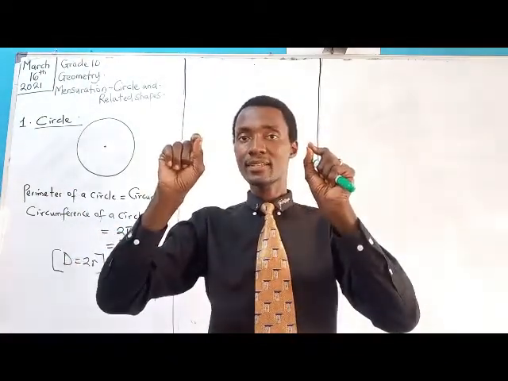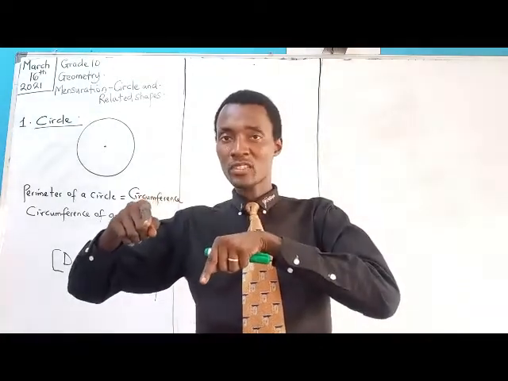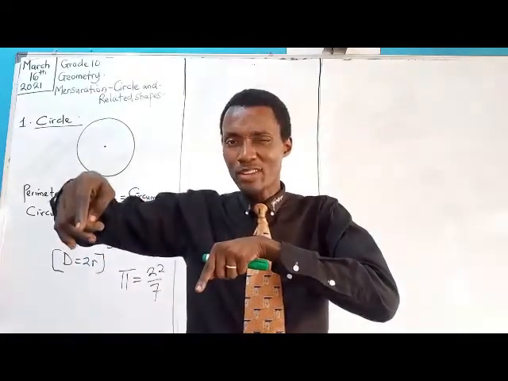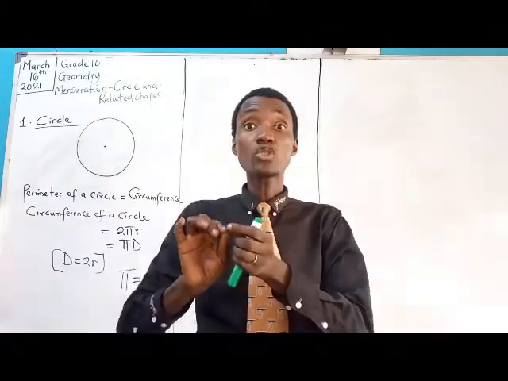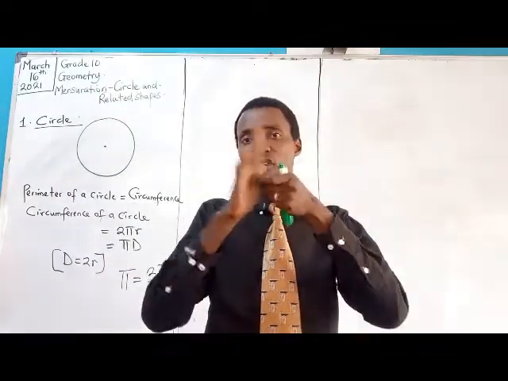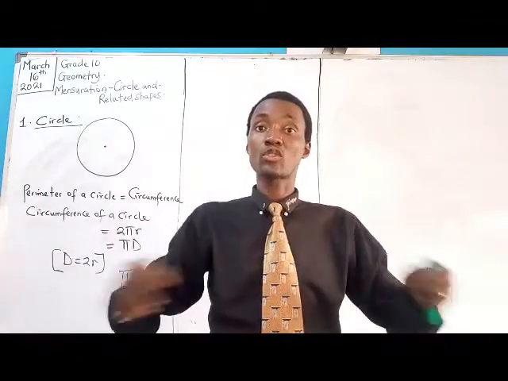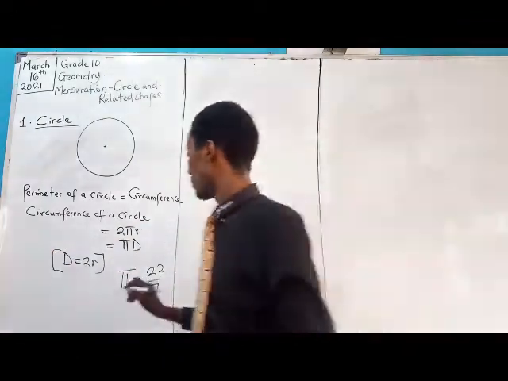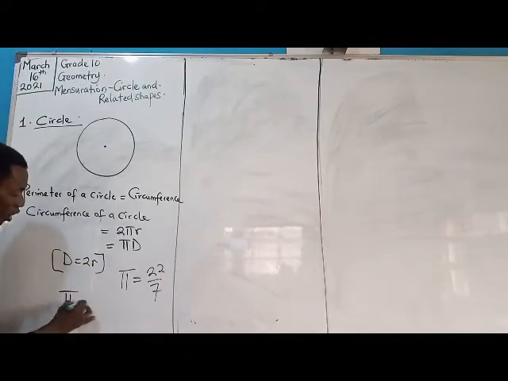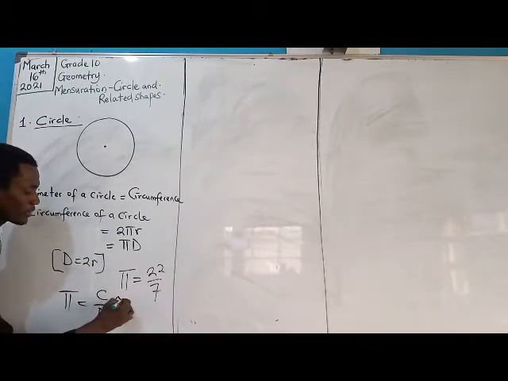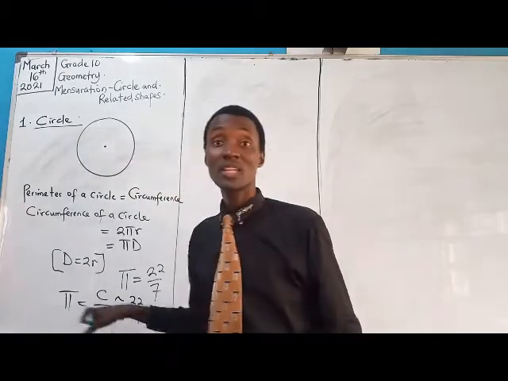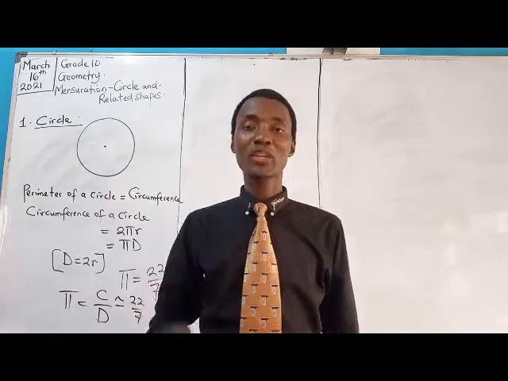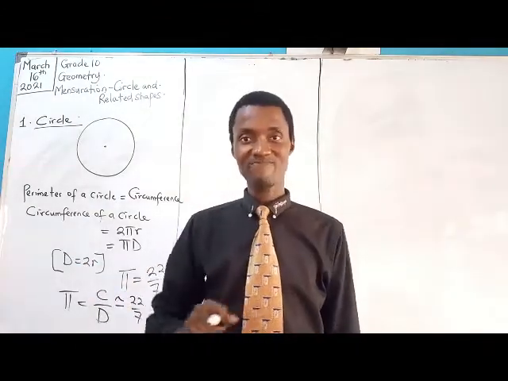Take a thread, start from a point of the circle, and move the thread gradually round the circle. Once you've done that, cut the end of the thread and stretch it out. Use your ruler to measure. If you take the measurement of the circumference divided by the diameter, you would approximately get 22/7. The closer you get to 22/7 tells how accurate your measurement is.